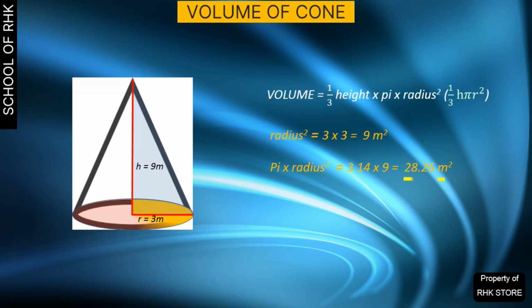It is to be noted that that is just the area of the base of the circle. But now we need to multiply that base area by 1/3 times the height of the cone. 1/3 times 9 meters is 3 meters, and 3 meters times 28.26 square meters gives us 84.78 cubic meters, which is the volume of the cone.